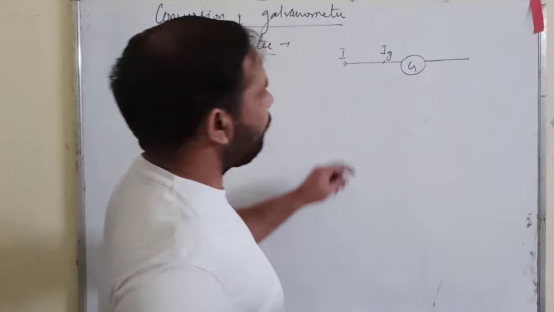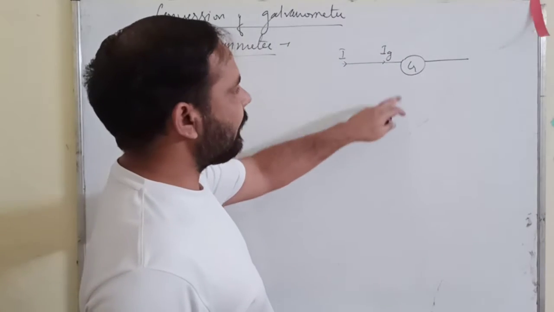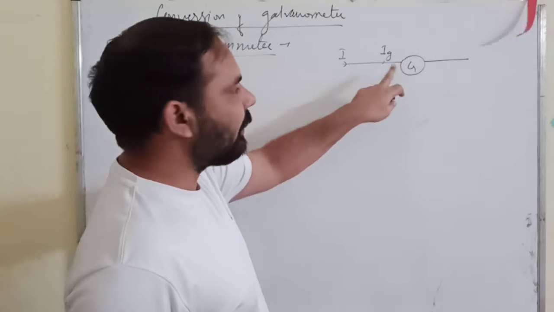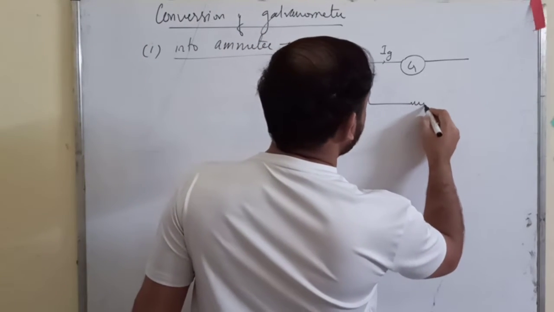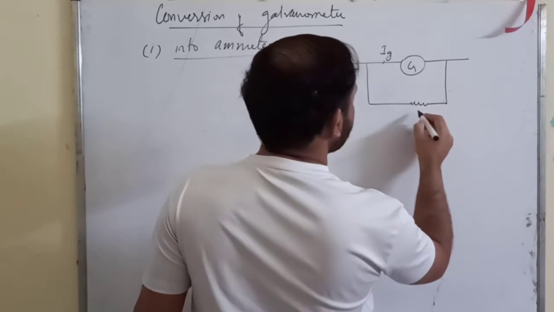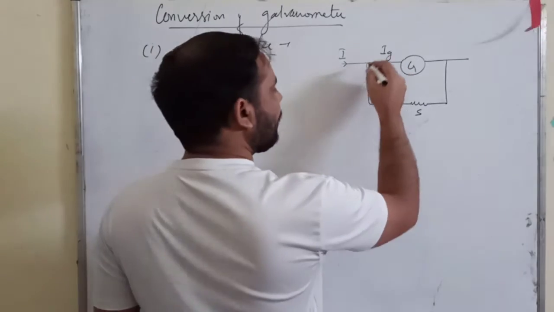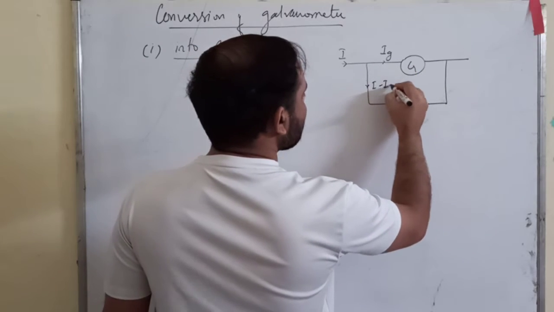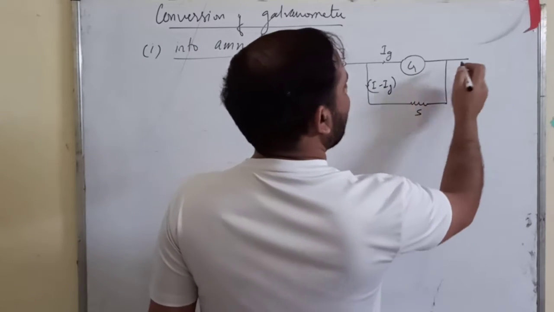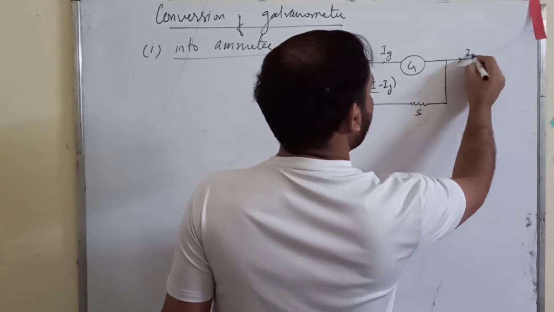So we need to make an arrangement in such a way that only Ig passes through the galvanometer and the remaining part is bypassed. So what we do, we connect a shunt resistance parallel to the galvanometer in such a way that Ig passes through G and I minus Ig passes through S, and we again get I here.